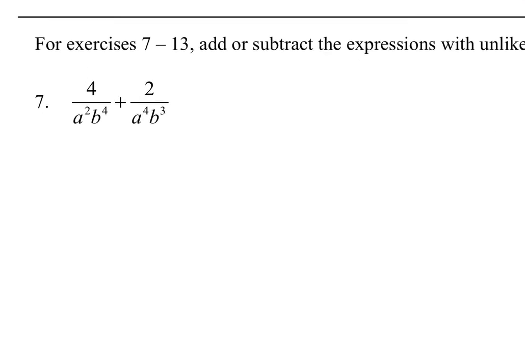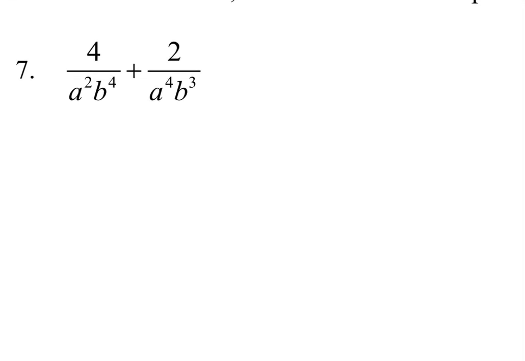So on number 7, notice that a squared b to the 4th is not the same as a to the 4th b cubed. So we have to build us an LCD. So we write the different factors that we see. We see an a and we see a b. Now, if the denominator wasn't completely factored already, we would want to factor it first, but it is completely factored already.